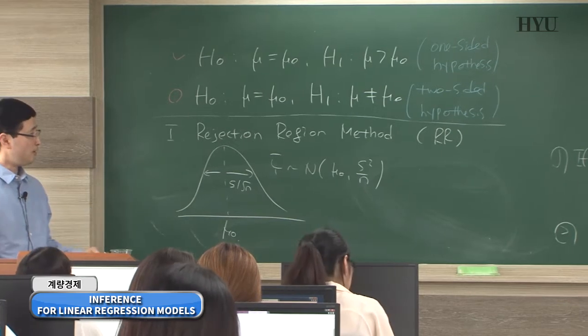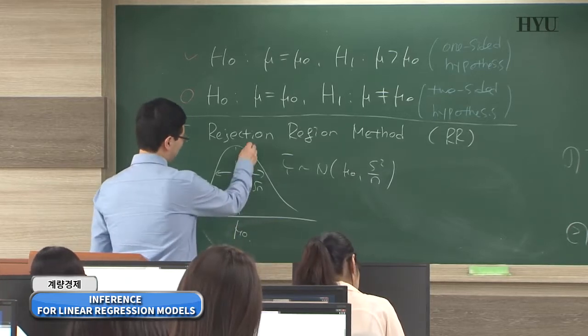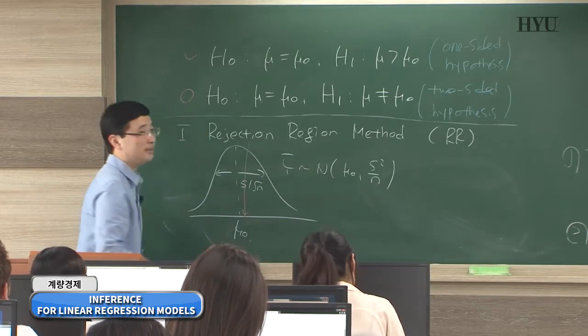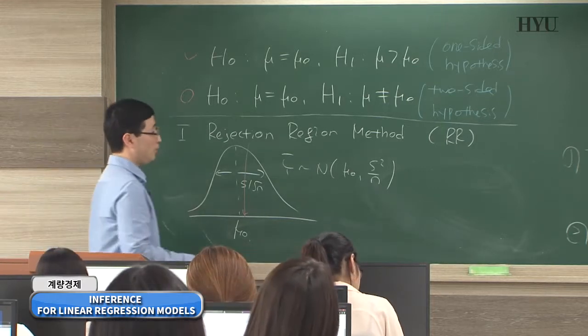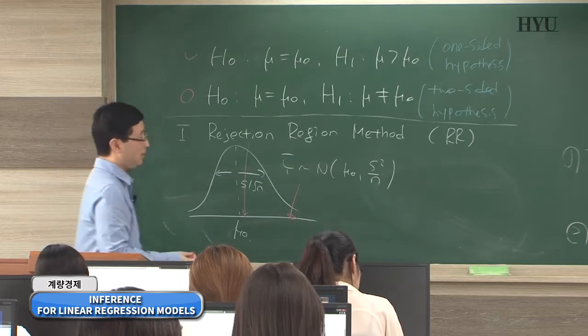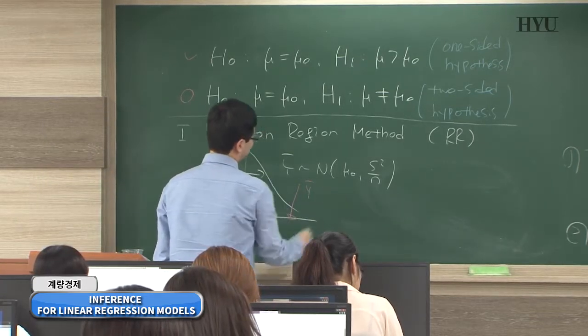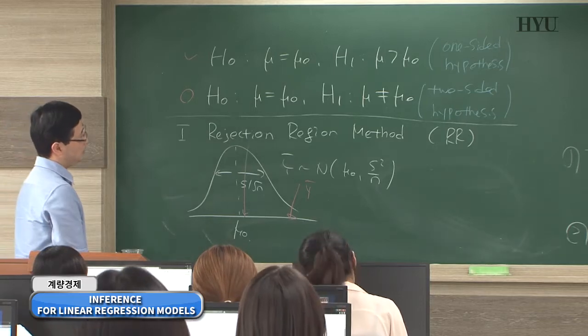Now you draw your sample, calculate your y bar. If y bar is close to mu null, then there is some evidence that the null is true. But if y bar is far from the center, then you may think that this is unlikely. So maybe the null is false. The alternative is true.